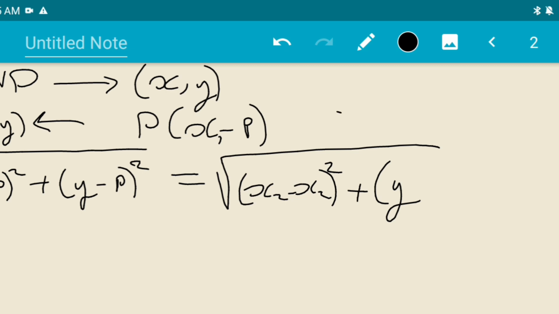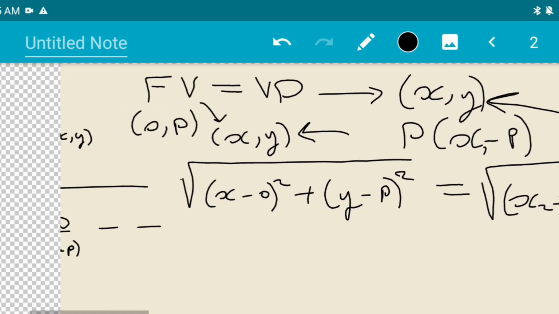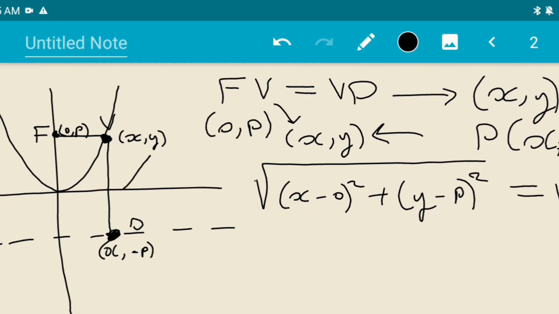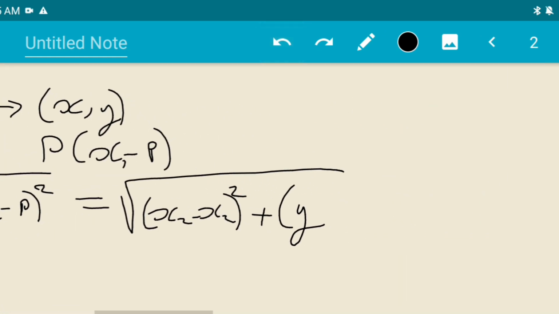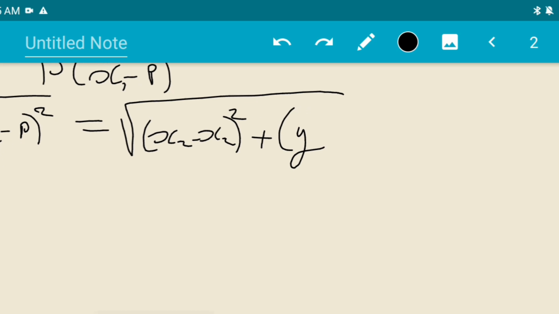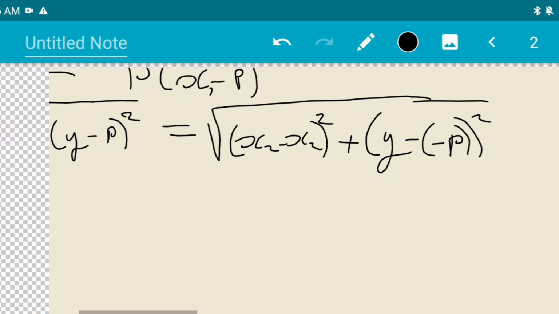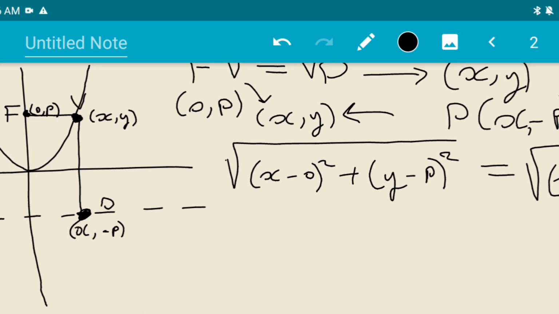This y here is the y2 that we're going to use, and it is lying on the surface of this parabola. So y2 minus y1, which is negative p, squared. This negative p, of course, is just this here.